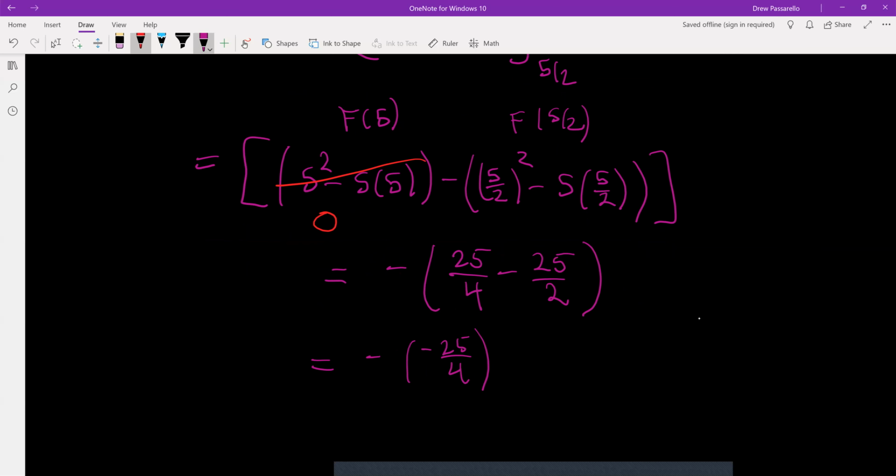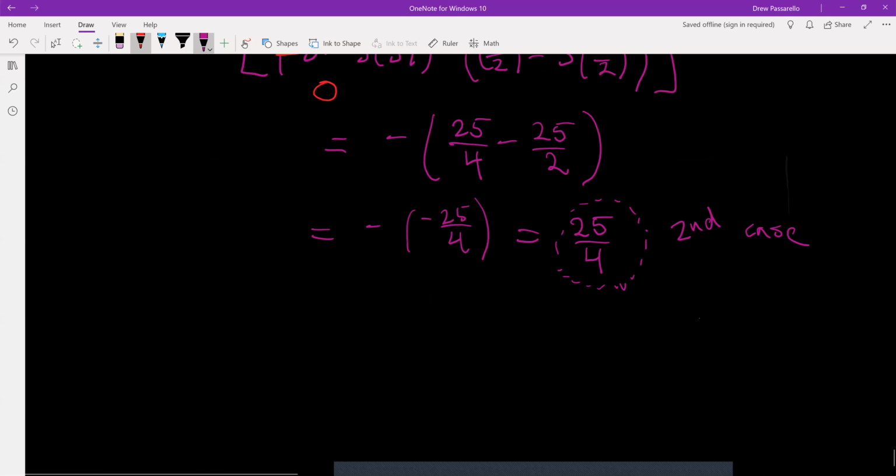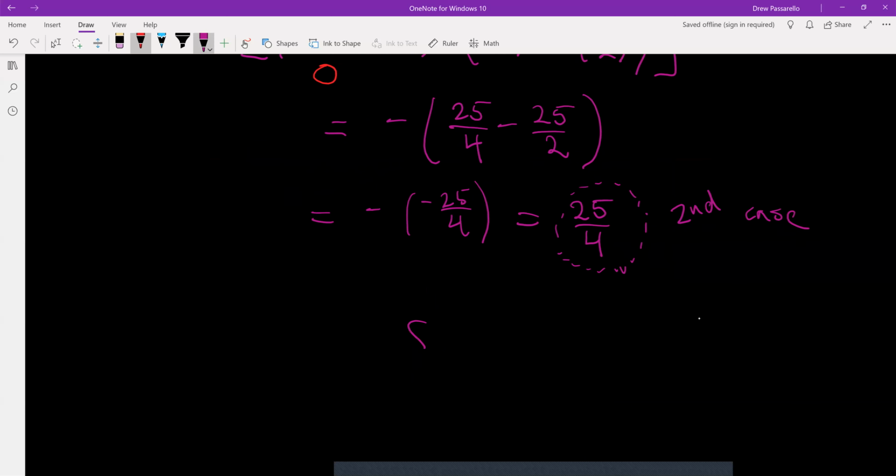Right, yeah, so that's 25 fourths. All right, that's the second case. So we want to integrate it from 5 halves to 5 of 2x minus 5 dx, that came out to be 25 fourths.